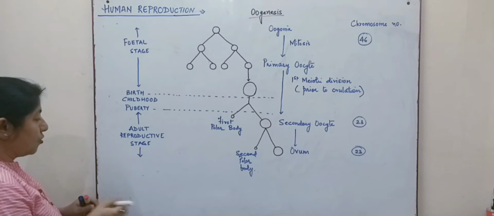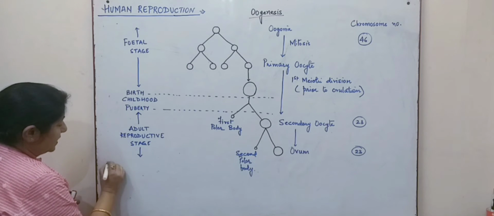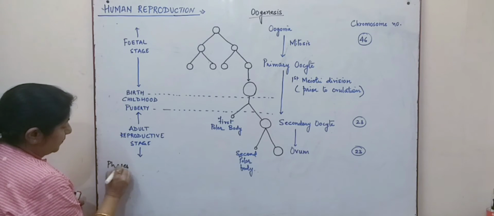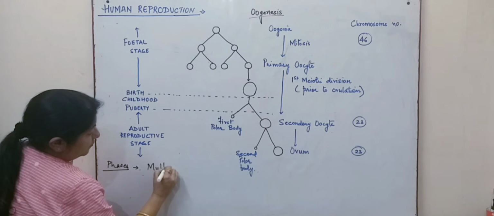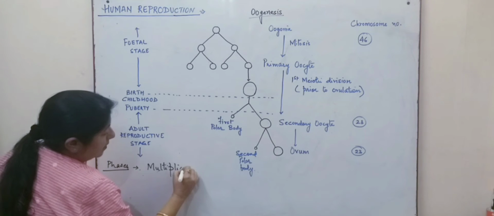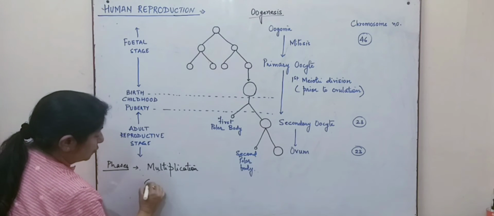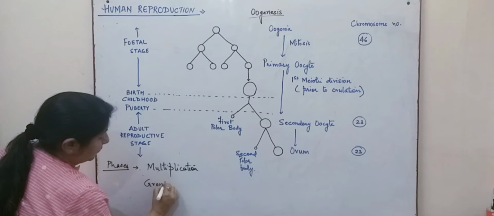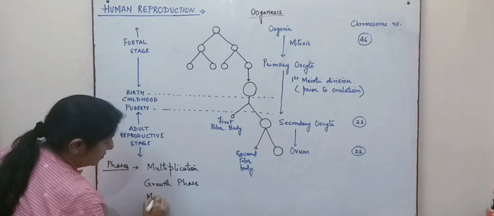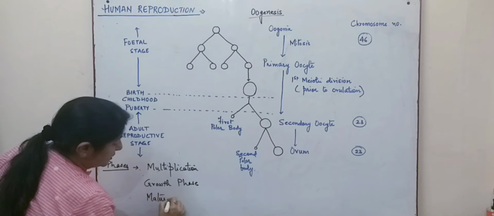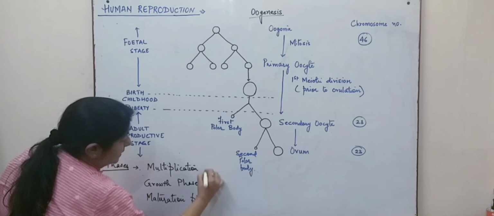So the oogenesis process in the female is divided into three phases: the multiplication phase, the second is the growth phase, and the third is the maturation phase, during which the complete development of the ova takes place.